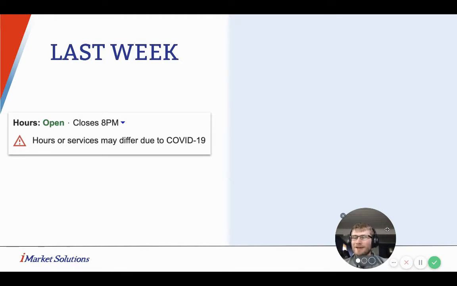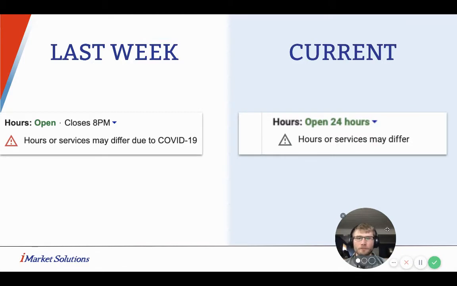While it might not necessarily instill fear in the hearts and minds of people using Google, the red icon and red alert and the language around it saying that services may differ due to COVID-19, that's a pretty powerful statement. And in my opinion, I think that probably did have an impact on people using Google search, potentially being a little bit less likely to call or convert just because of that warning.